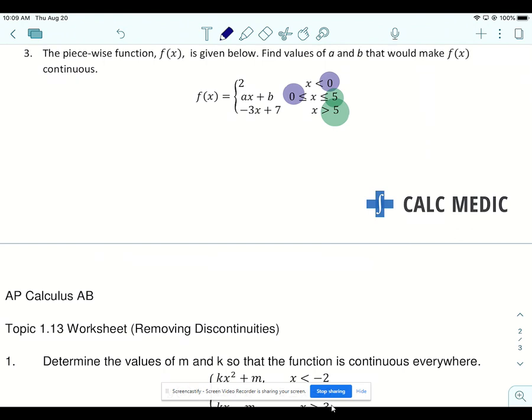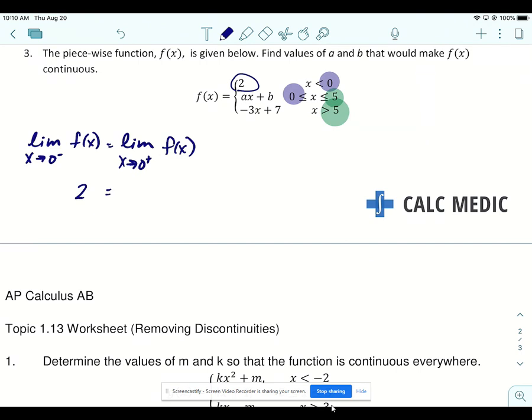And so what we need for this function to be continuous is for the limit as x approaches 0 from the left of f of x to equal the limit as x approaches 0 from the right of f of x. All right, so from the left, our function is just equal to 2, so I know that limit is going to be 2.